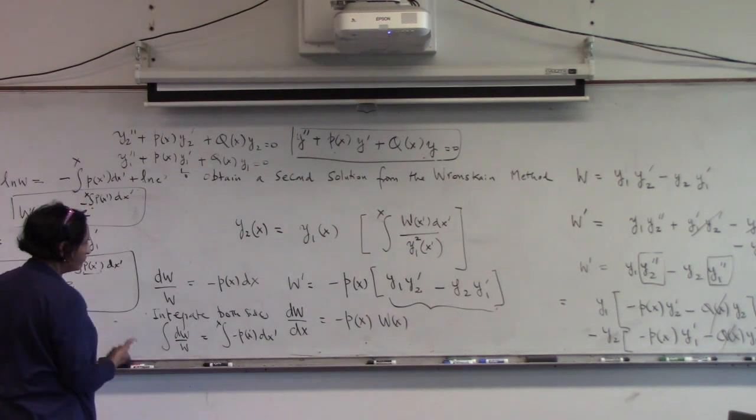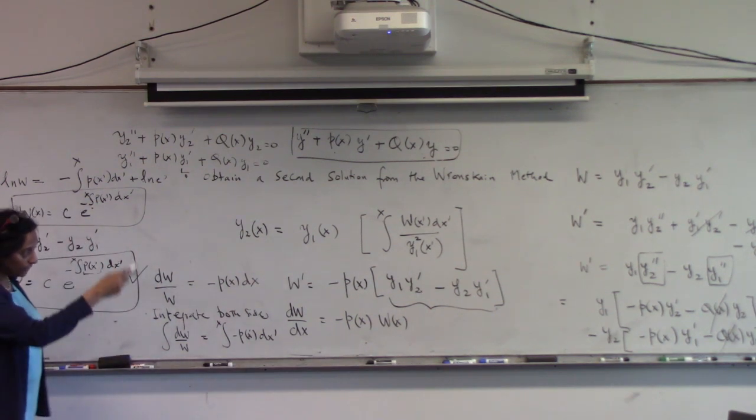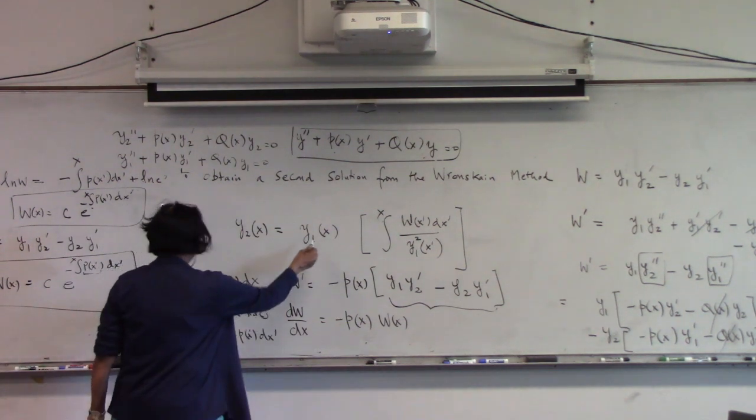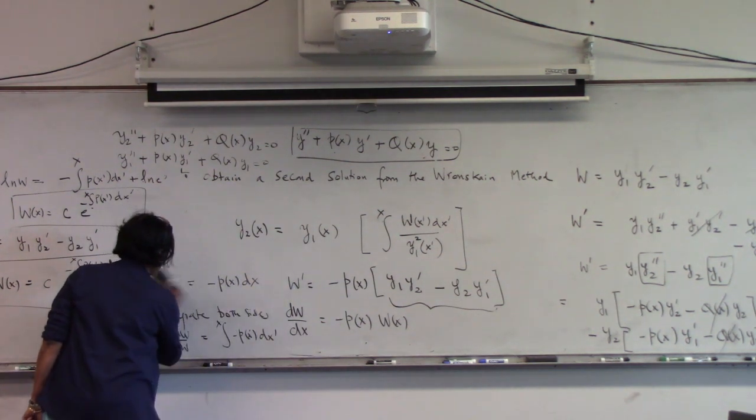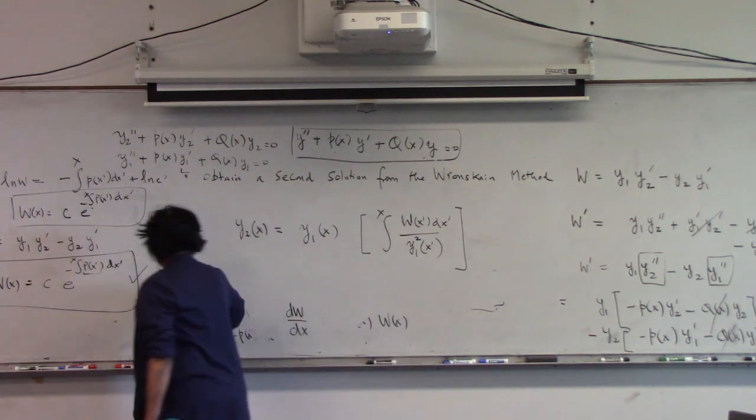So that is my formula for the Wronskian, which is more useful for predicting the second solution, because these are the three equations you have to know, I mean, to get the second solution in some sense.